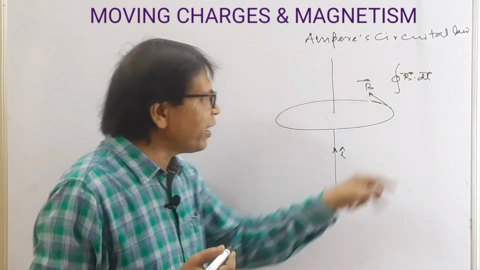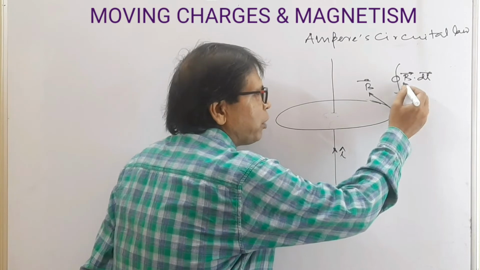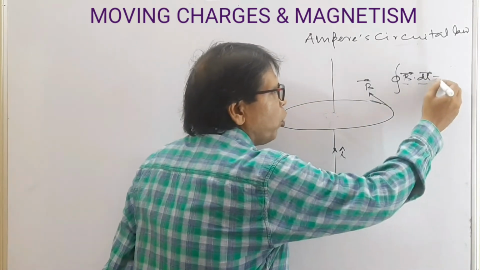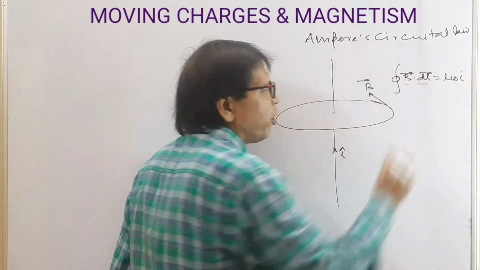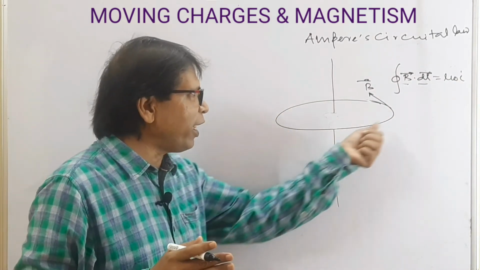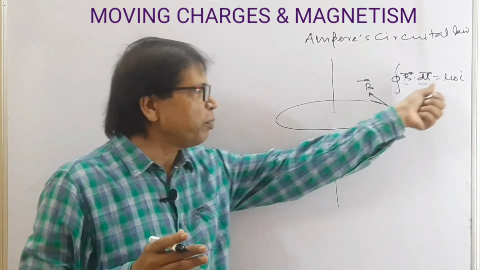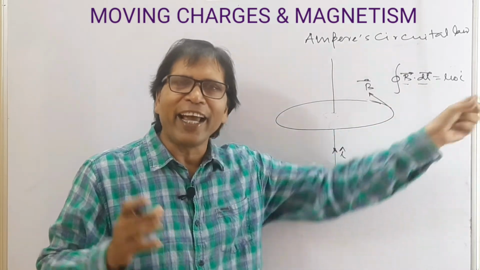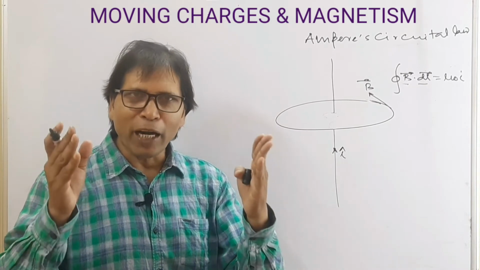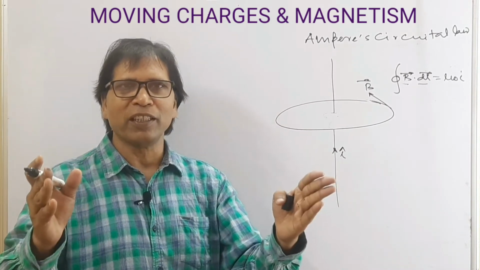So the line integral of magnetic field is B vector dot dl vector, this is equal to mu naught times I, okay. Therefore the line integral of magnetic field around a closed loop is mu naught times the current enclosed by the loop, where mu naught is the permeability of free space.